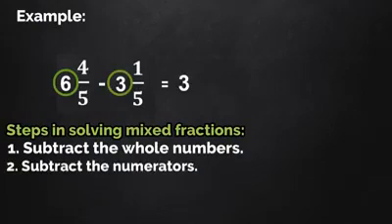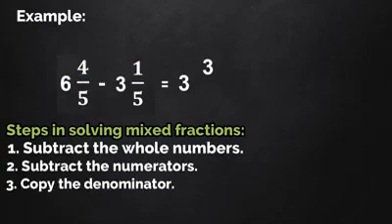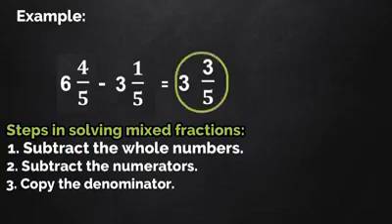Then, subtract the numerators. 4 minus 1 equals 3. Copy the denominator, which is 5. Combine the whole number and the fraction. It will become 3 and 3/5. We need not simplify our answer because it is in the lowest term. Thus, the final answer is 3 and 3/5.